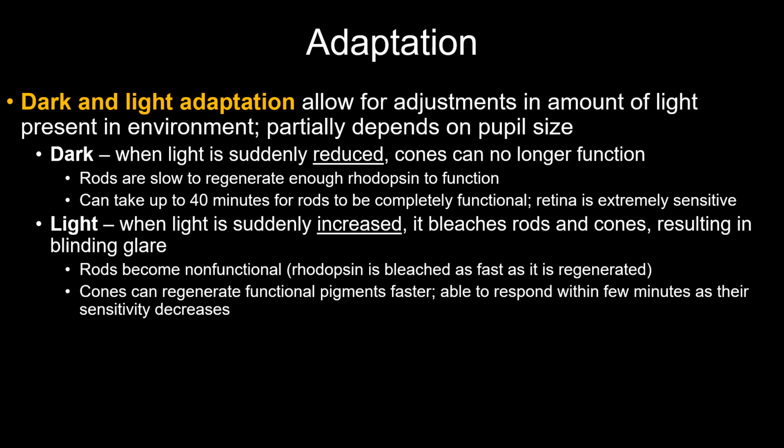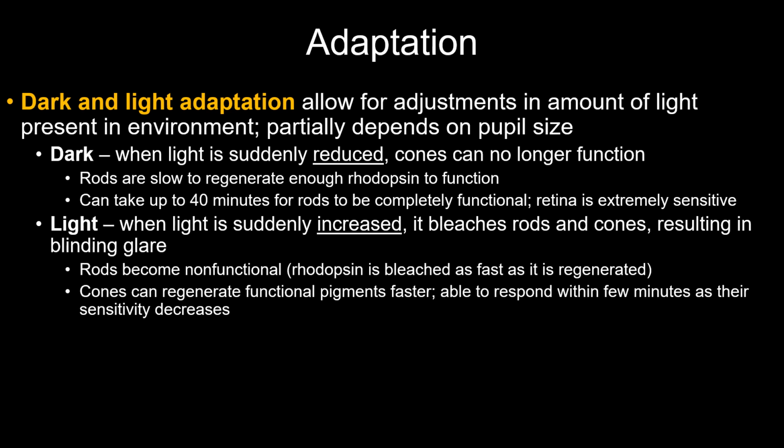Now, bleaching also has an important function in light adaptation. In the dark, rods are fully functional and the retina is extremely sensitive to light. When a bright light hits the retina, then, it immediately bleaches the rods and cones, resulting in a blinding glare.